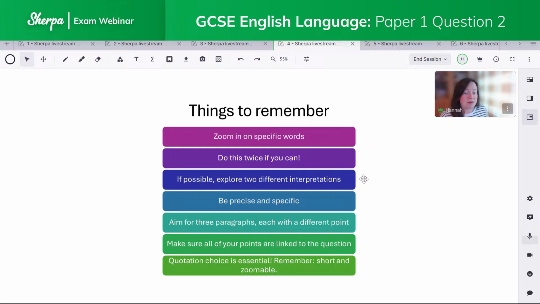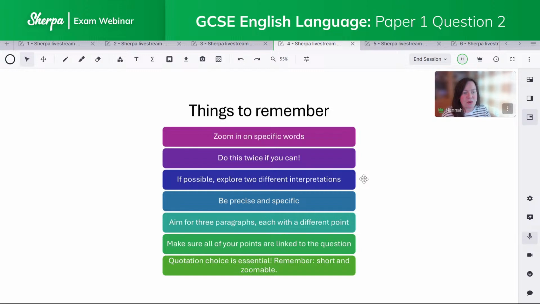This third box, if you really feel like showing off, try two different interpretations. Remember with English, it's not about mind reading. You don't have to guess exactly what the effect is. There might not be one effect, there might be several. So show your flexibility, show off how you can use your brain to think about things with different approaches.